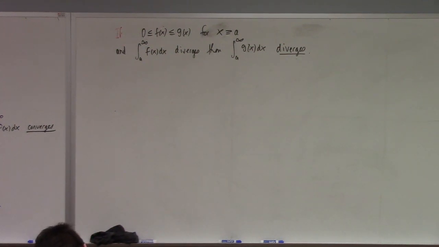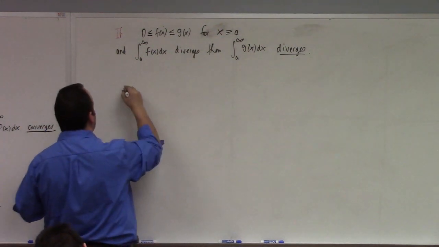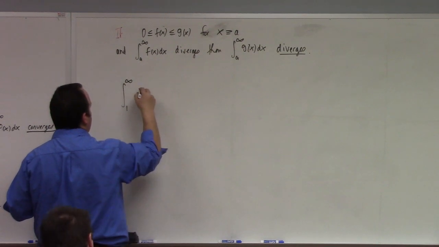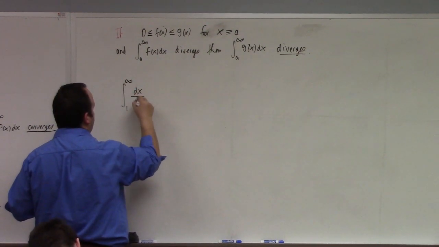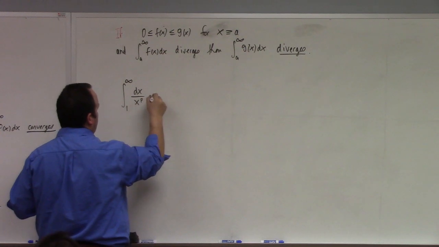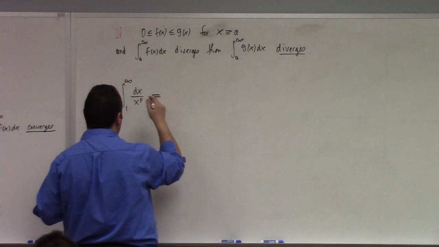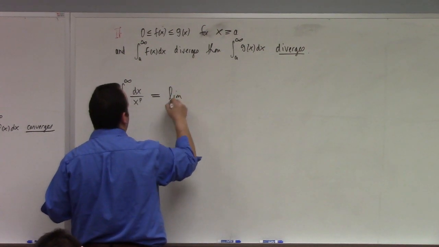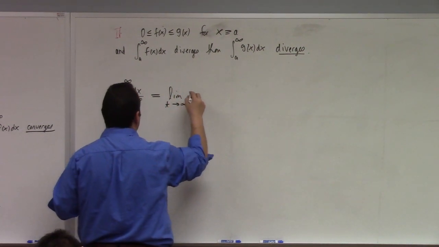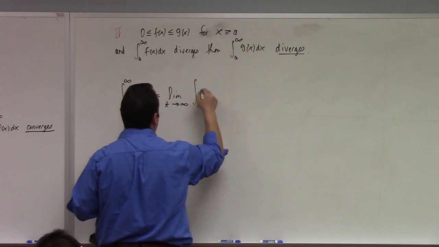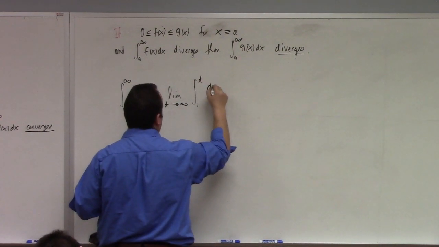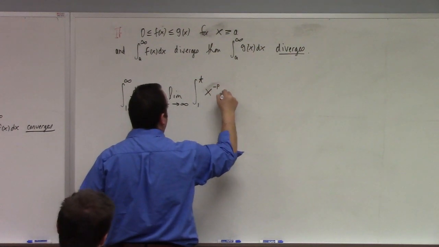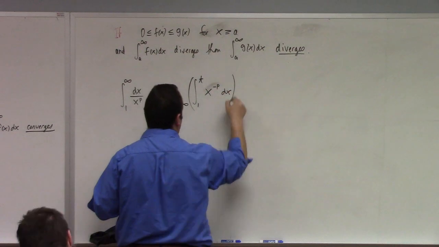And one thing that's nice to compare to is the following result. Integral from 1 to infinity of dx over x to the p equals what? Limit as t goes to infinity, how's it go? Integral from 1 to t, I'll rewrite it. That's x to the minus p, right? Sound good?